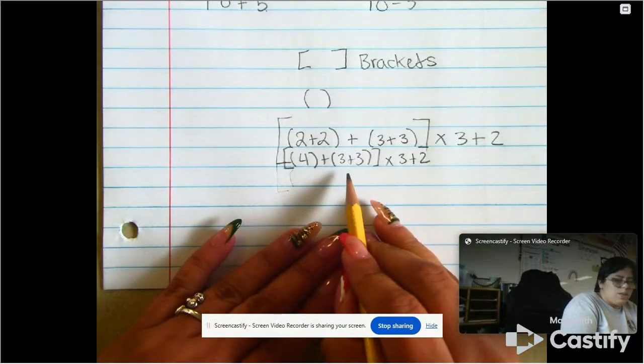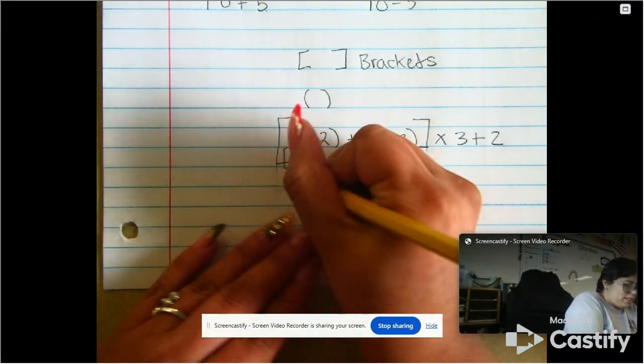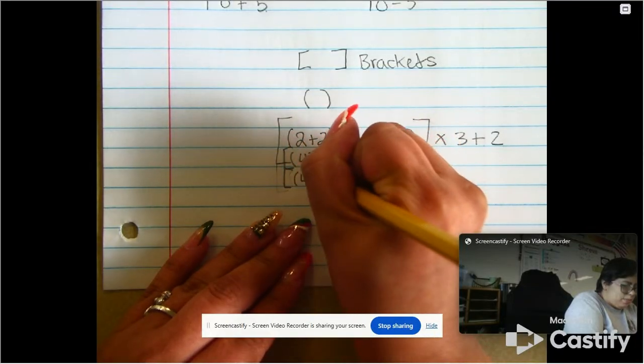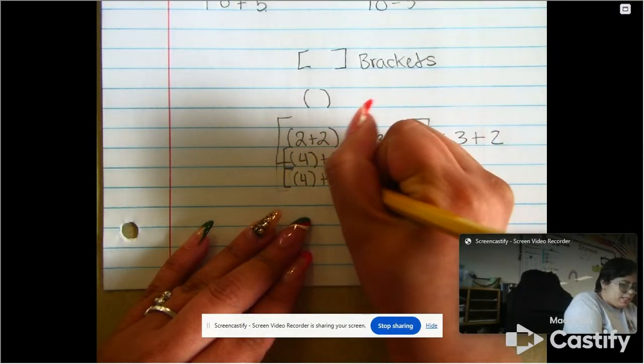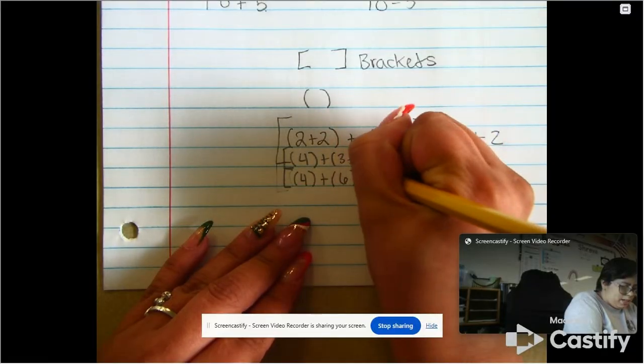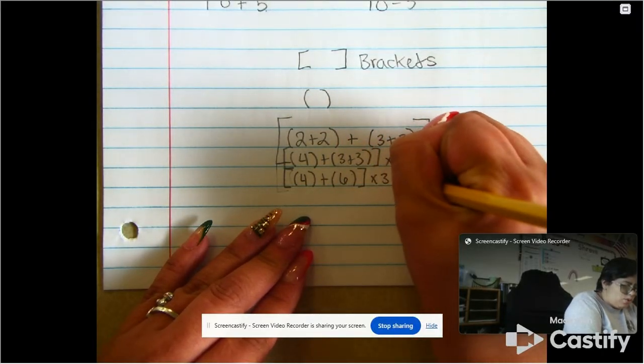Then I do what's in these parentheses, which is the 3 plus 3. So I'm going to keep my brackets, keep my 4, plus, and then 3 plus 3 is 6. Keep my other part of my bracket, times 3 plus 2.